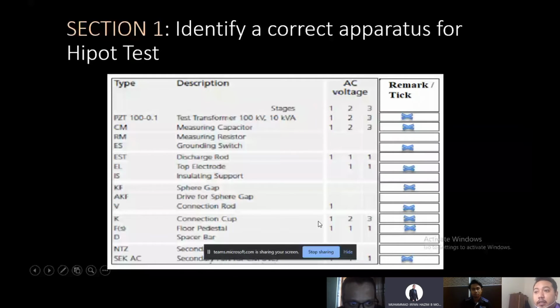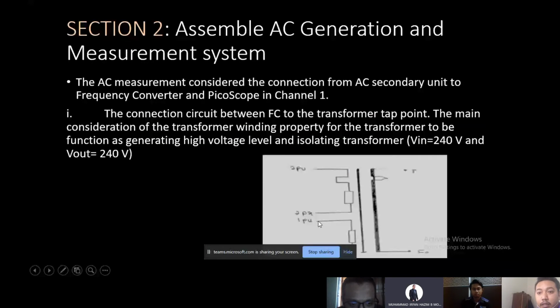Then is Section 2. For Section 2 we refer to Saifullah.